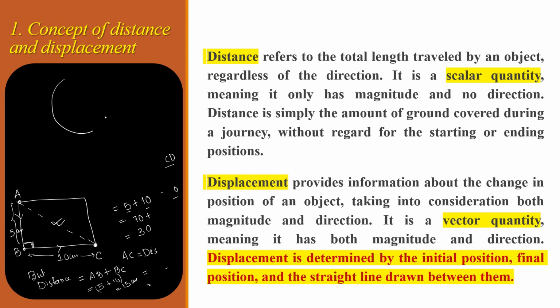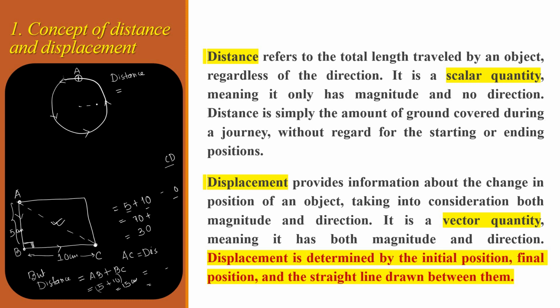At first he starts from point A. After one round along the circumference, he reaches point A again. So the distance covered is the circumference of the circle.